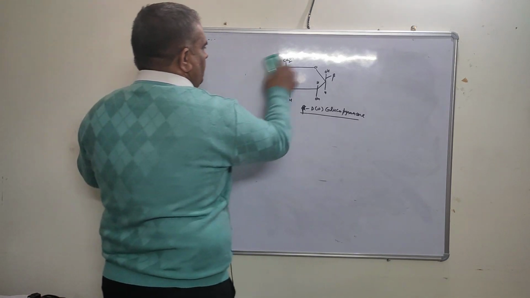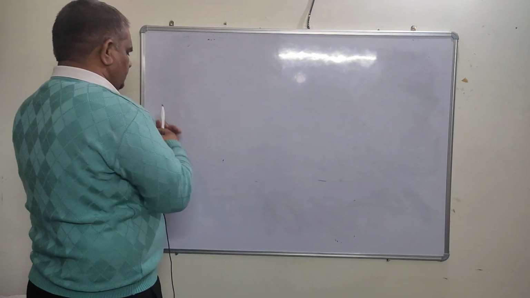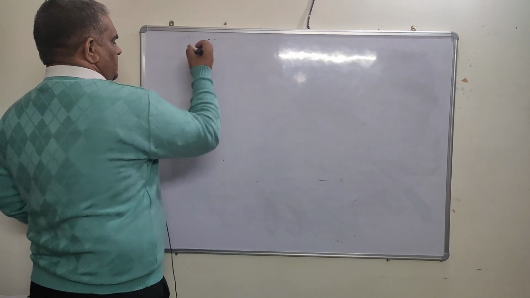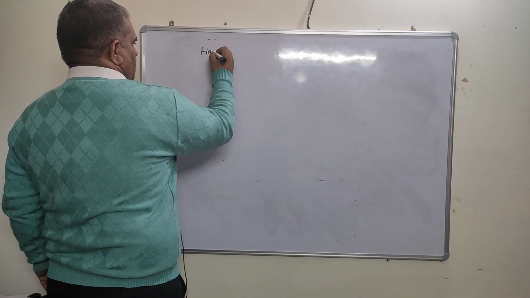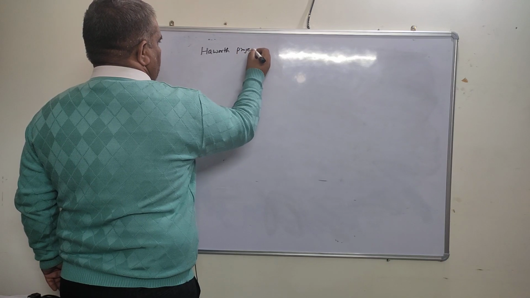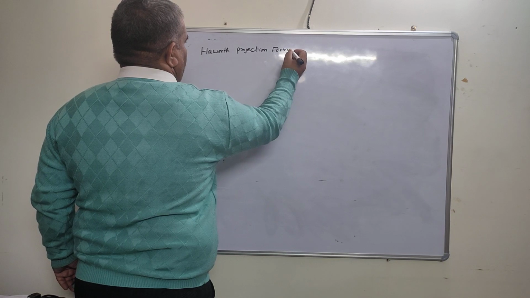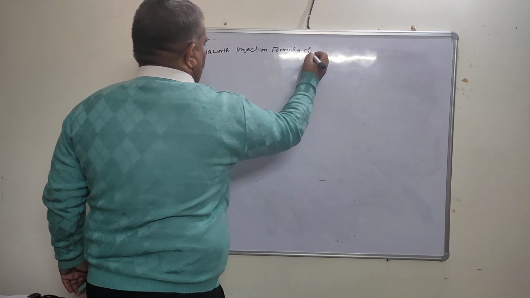Next is the Haworth projection formula of fructose.